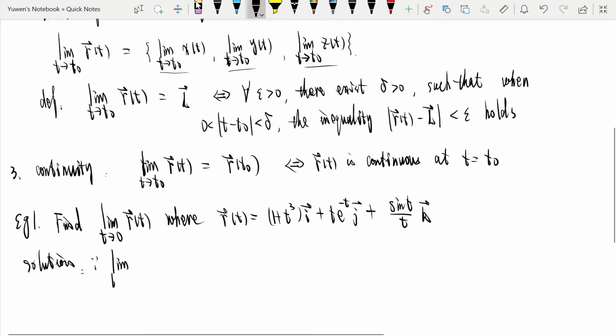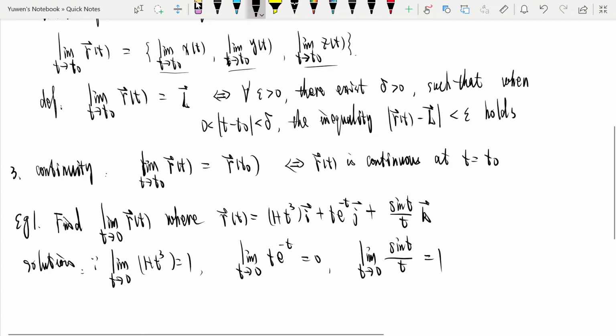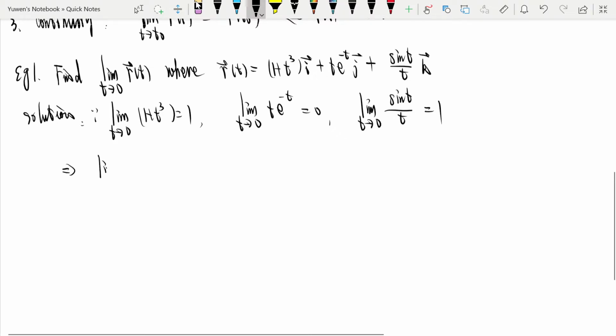The limit as t tends to 0 of 1 plus t cubed equals 1, the limit of t e to the negative t is 0, and the limit of sin t over t is 1. So the limit as t tends to 0 of r(t) is i plus k, or just written as (1, 0, 1). Okay, that's the limit and continuity.